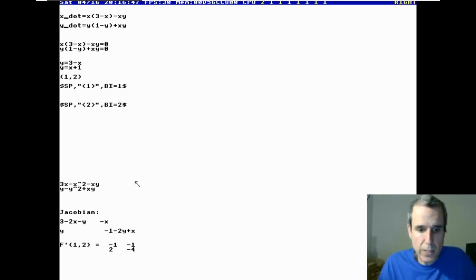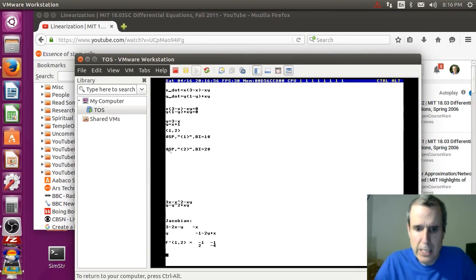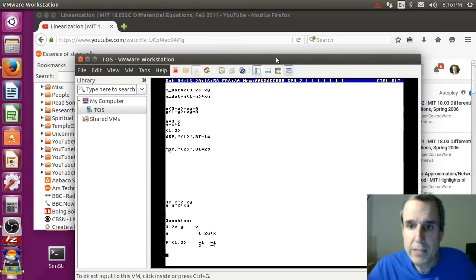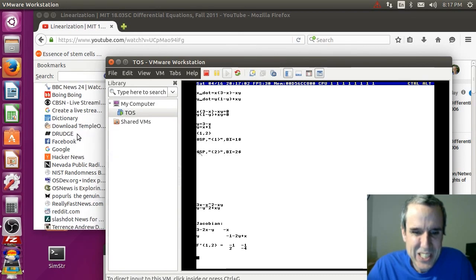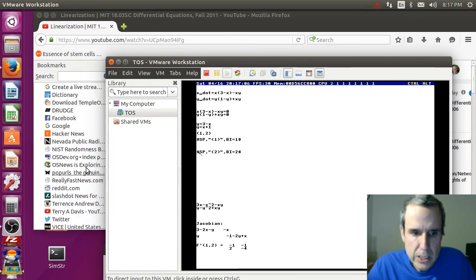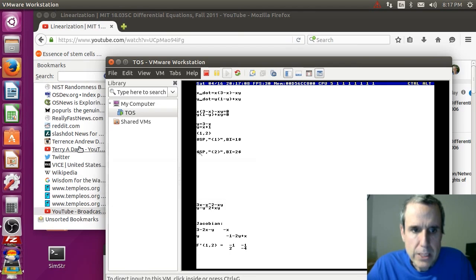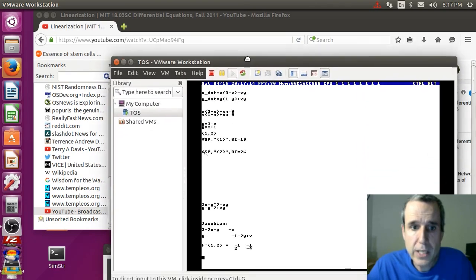So what are the eigenvalues of the A matrix? Is that what we want to do? I did everything I know how to do. Hold on a second here. Okay, let's go to Wolfram Alpha.